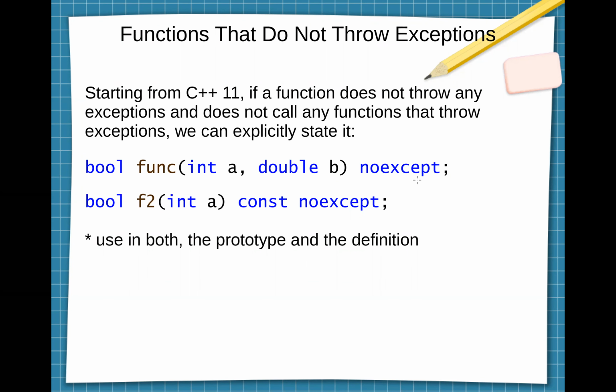The person who will be working on it in the future will know, okay, they didn't want any exceptions to be thrown here. So I just need to work on it as it is, maybe modify the algorithm, but not throw any exceptions. In case we also say that our function should not modify any attributes of the class, then the noexcept comes after the const, okay? And we should use it in both the prototype and the definition, okay? So this is just in case we decided really not to have exceptions and to enforce it.